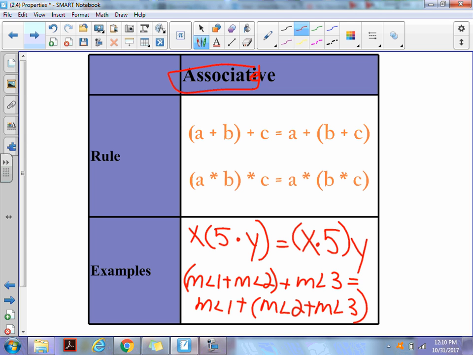If Anna and Beth drove together in the same car and met Casey, or if Beth and Casey drove in the same car and met Anna, doesn't matter how they got there, right? Aren't all three girls at the mall together? Okay, so associative is who you associate yourself, who you group yourself with. The order in which you add or multiply with the grouping doesn't matter.